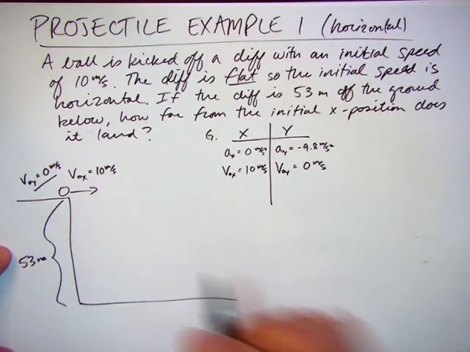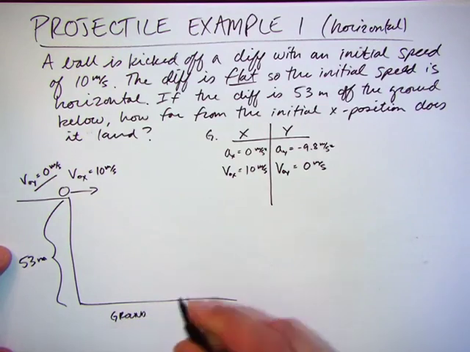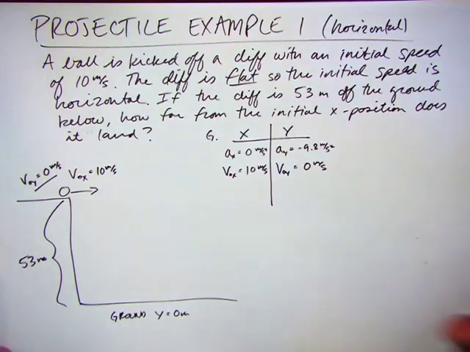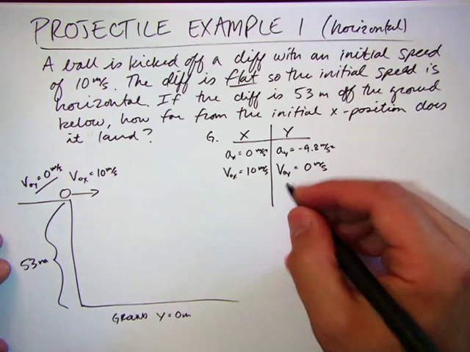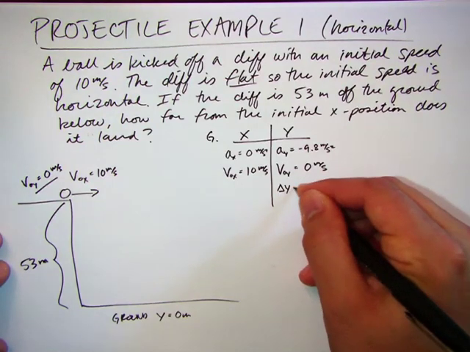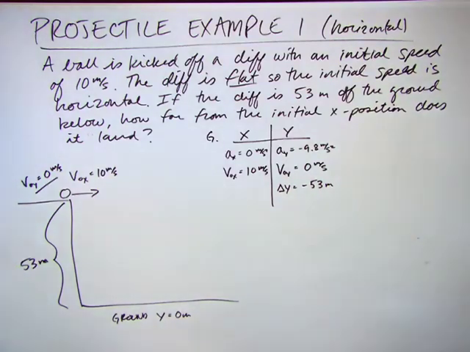The way I'm going to set these up is I'm going to consider my ground, my y position, as 0. Anything that's starting above the ground and headed towards the ground, I'm going to have as a negative displacement: negative 53 meters, and again, that's a y. Make sure, the most mistakes are made in these problems mixing x and y dimensions, so make sure you keep those squared away and straight.